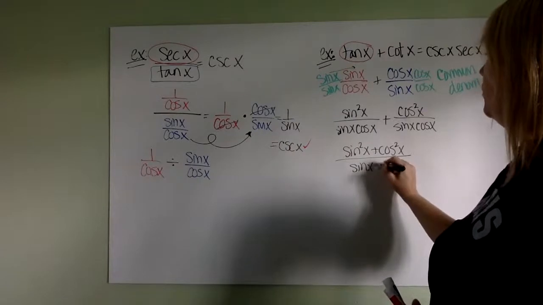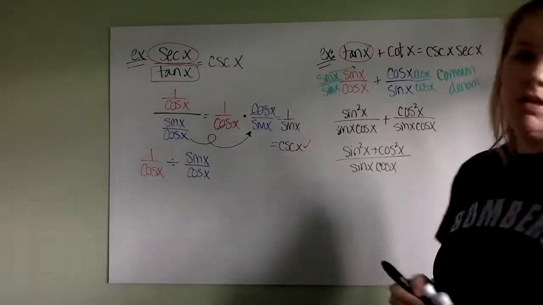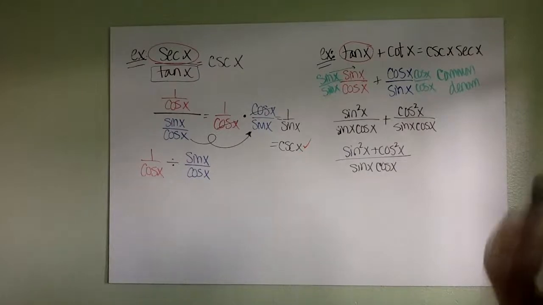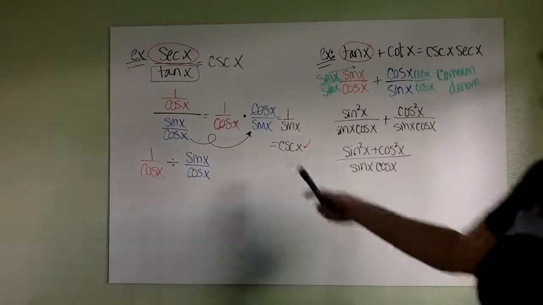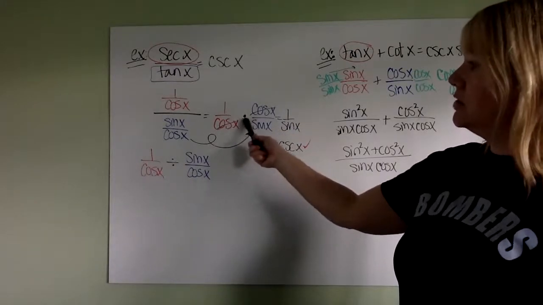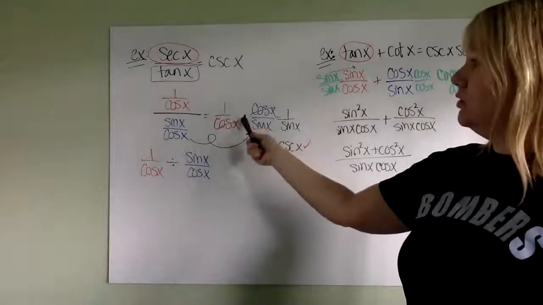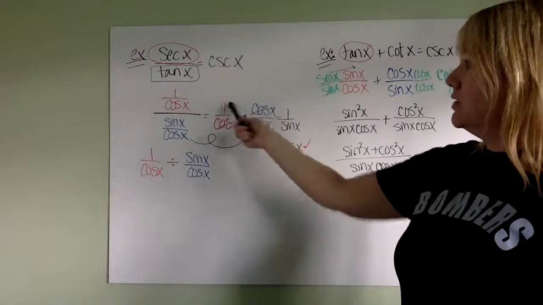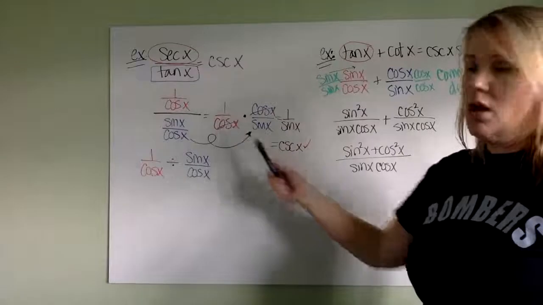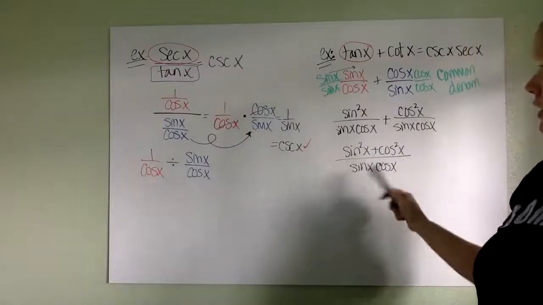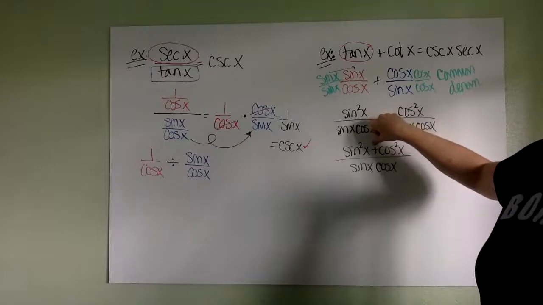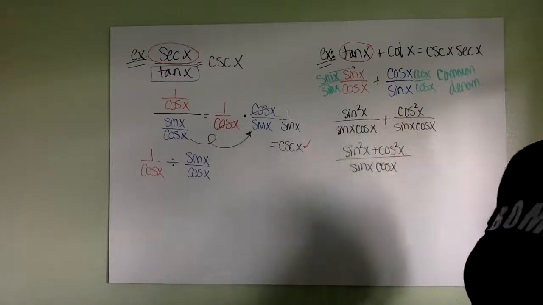Now, do not give in to the temptation to cancel some sines and cosines right here. We cannot. Why is it okay to cancel over here where there's a cosine on the top and a cosine on the bottom? Because it's straight multiplication. I have a fraction multiplied by a fraction. That means on the top I get cosine, on the bottom I get cosine times sine. It's all multiplication. Why can I not cancel them here? Because of this addition in the middle. It doesn't allow us to cancel things the way we would like to.